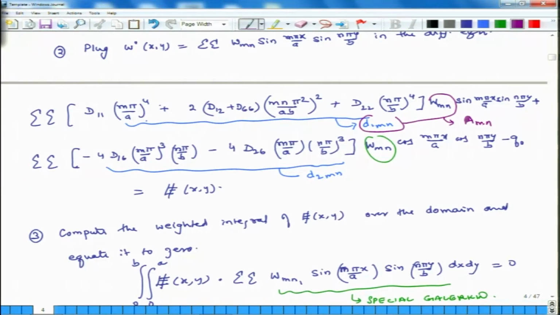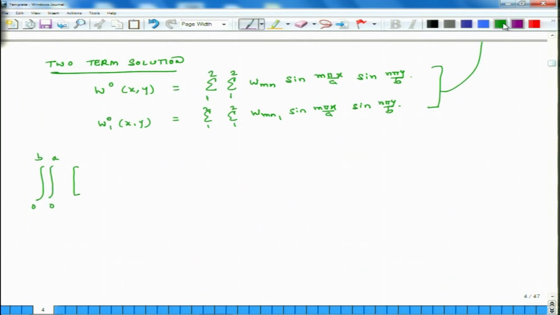Now, this A mn is different from our A matrix terms, which are A11, A12, A16. And when this multiplies by this thing, I get B mn. If I do all this, I am able to abbreviate it.